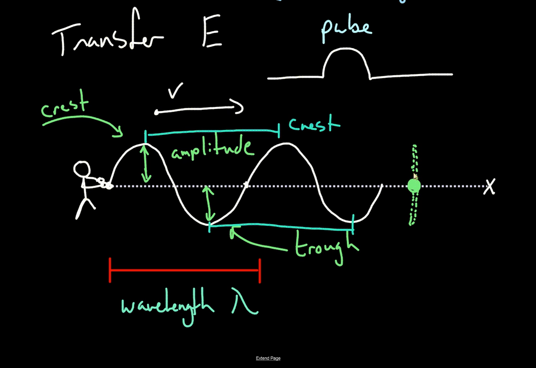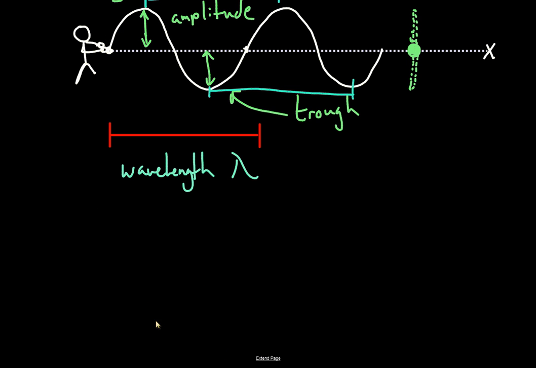None of the actual material is passed along the wave. Just the energy moves through, lifts it up, down, and back to its resting position. That may be a little confusing, but there is no net transfer of medium.